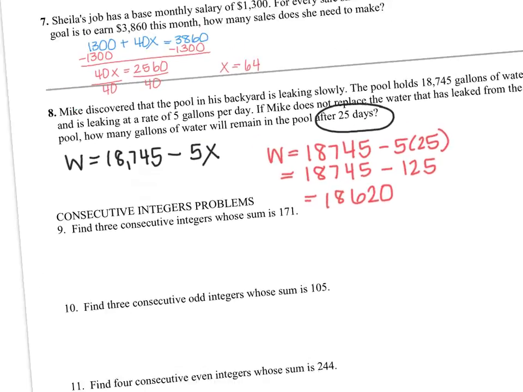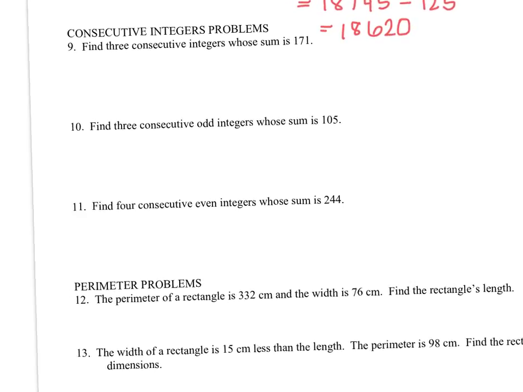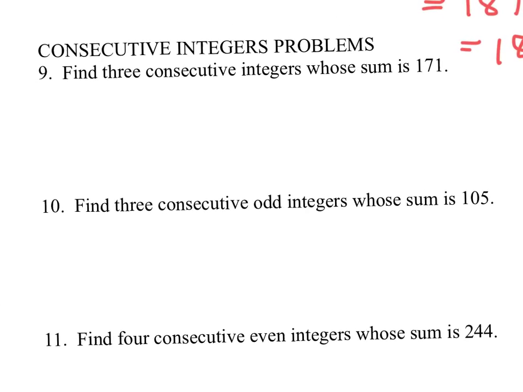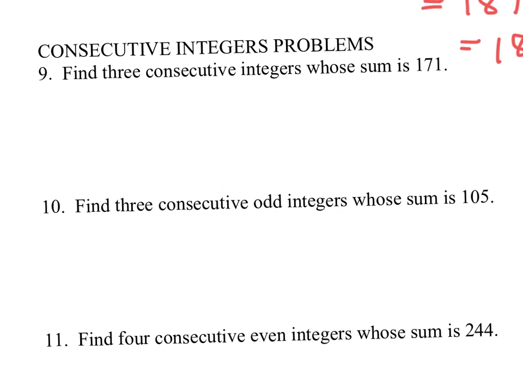All right, the next kind of problem is called a consecutive integer problem. We're just finding certain numbers that add up to usually a certain number. So we want 3 consecutive numbers. Consecutive means numbers in a row, whose sum is 171.